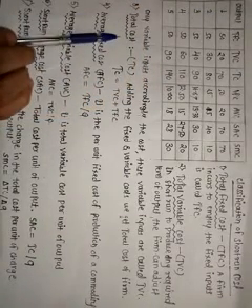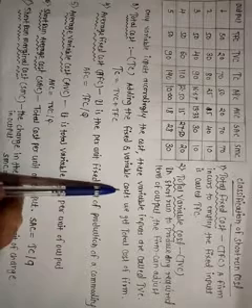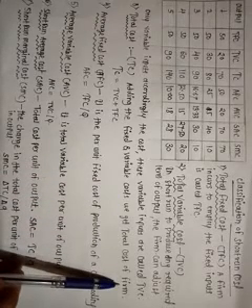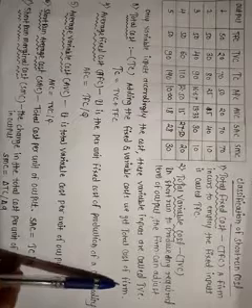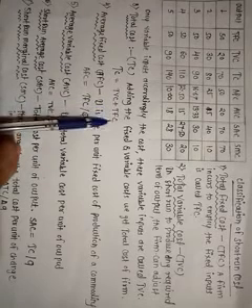Next one is total cost. Total cost means it is adding the fixed and variable cost. We get the total cost of the firm. Means we obtain the total cost adding the total variable cost and total fixed cost.